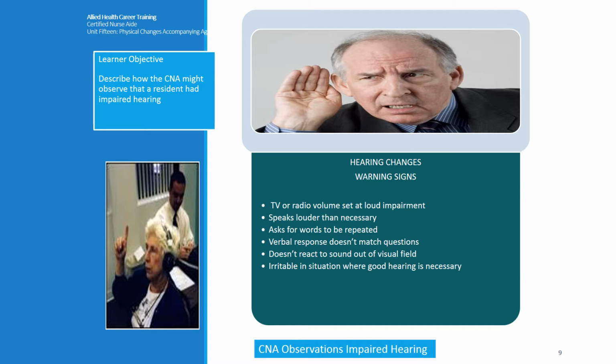"Well, what time is dinner going to be?" "It's right now." So you may start thinking that that person is having signs of dementia, where really they may have heard the word dinner out of that conversation, but they may not understand that it's time to go to dinner, or they may have heard "time, dinner," so they may have thought something differently and needed clarification. So just kind of keep that in mind as well.